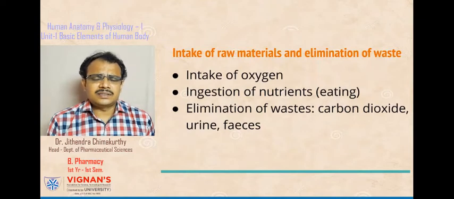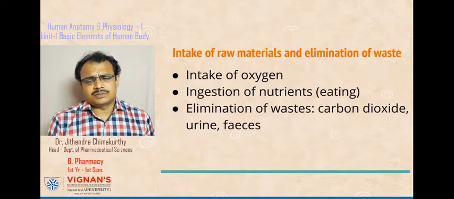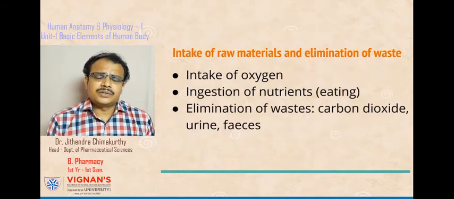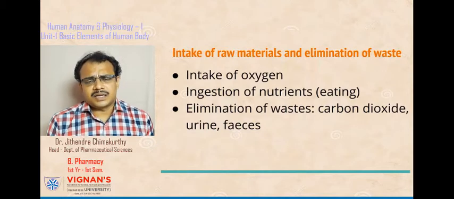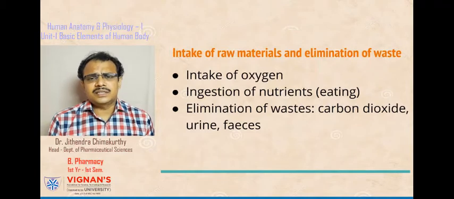The oxygen which is utilized by the cells will lead to formation of carbon dioxide, and this carbon dioxide will be eliminated from the body through the respiratory system. Hence, digestive system, urinary system and respiratory system are involved in intake of raw materials and elimination of the waste.